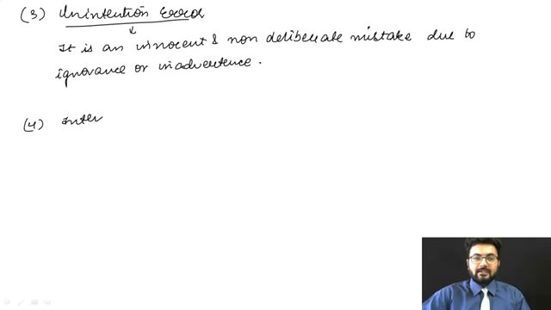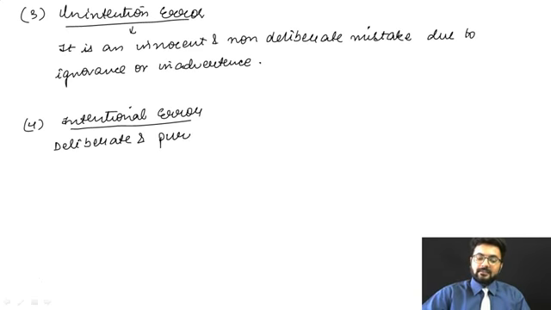The next is intentional error. Intentional refers to deliberate and purposive errors. That means something has been done by keeping in mind a particular purpose and intention.